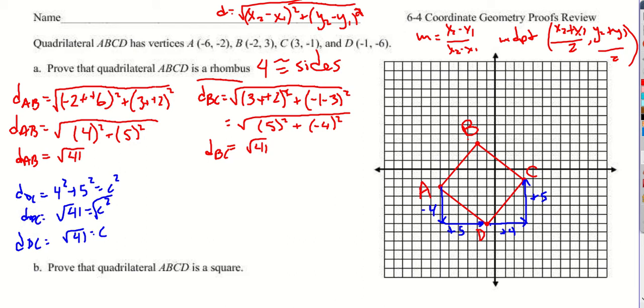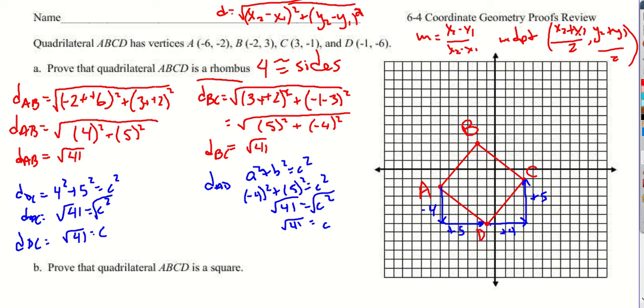All right, and then the last one is going to be the distance of AD, which once again we're using the Pythagorean theorem here. So a squared plus b squared equals c squared. Here we have -4 squared plus 5 squared. Once again, 41. And then the square root of 41.